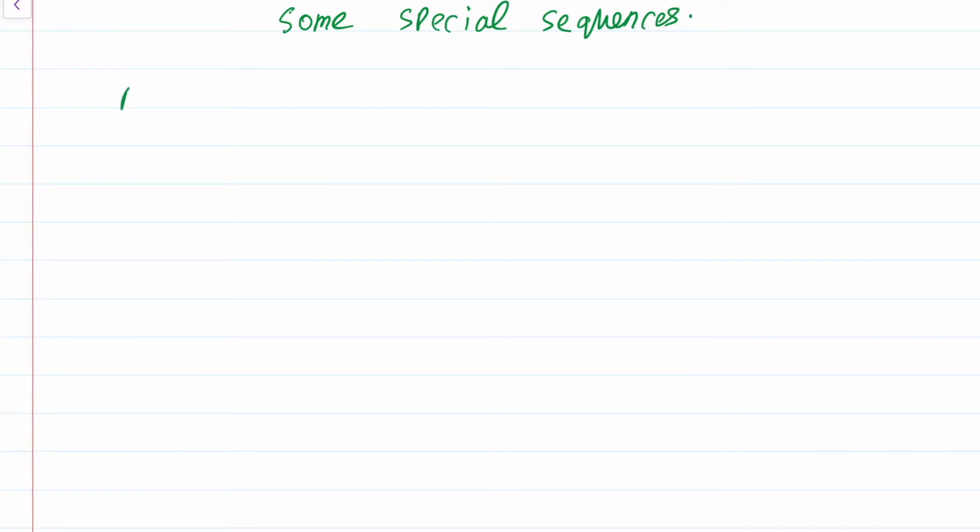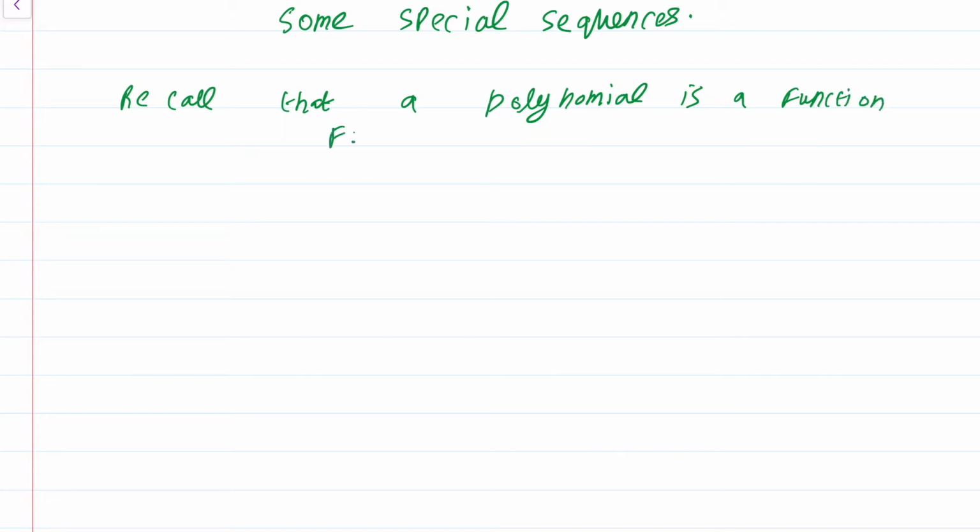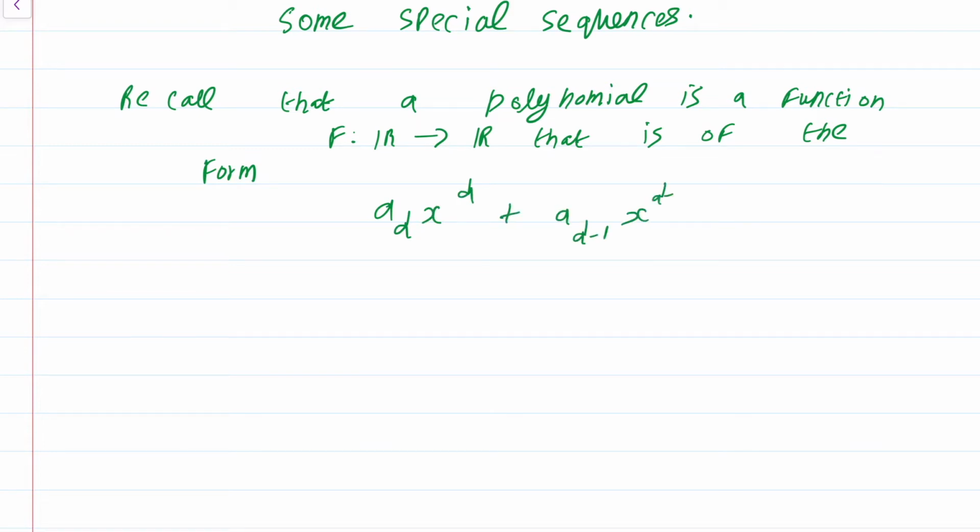Recall that a polynomial is a function f from R to R that is of the form a_d x^d plus a_{d-1} x^{d-1} plus dot dot dot a_0.